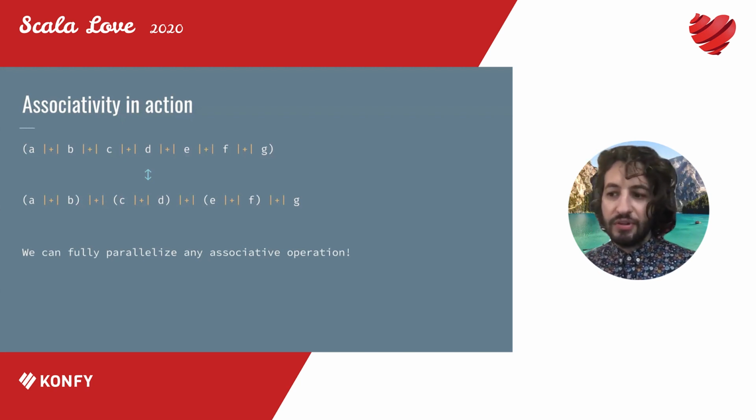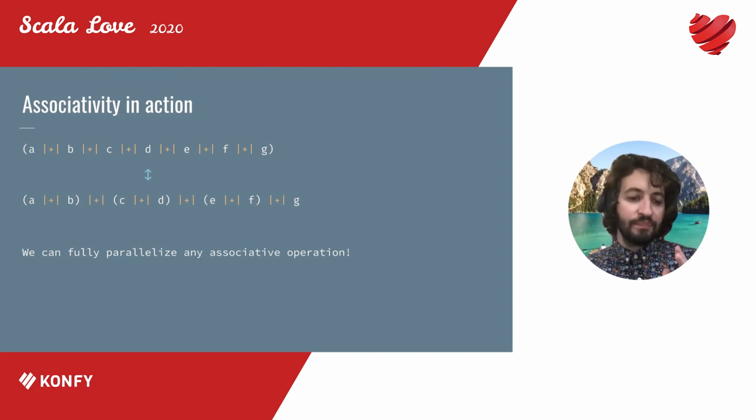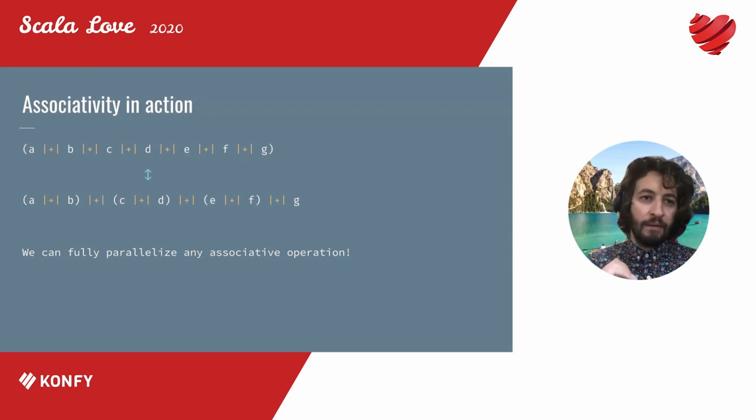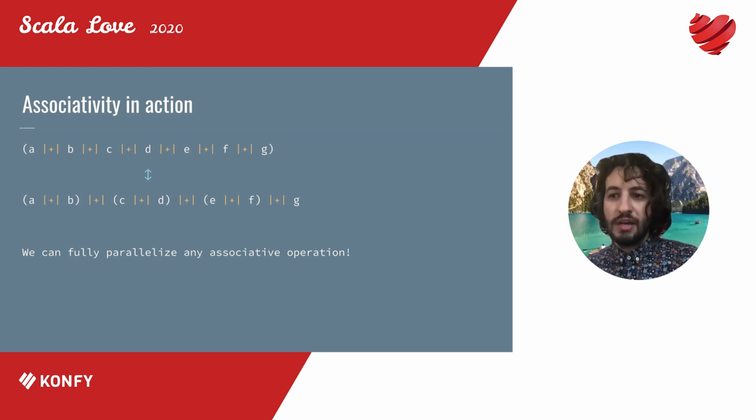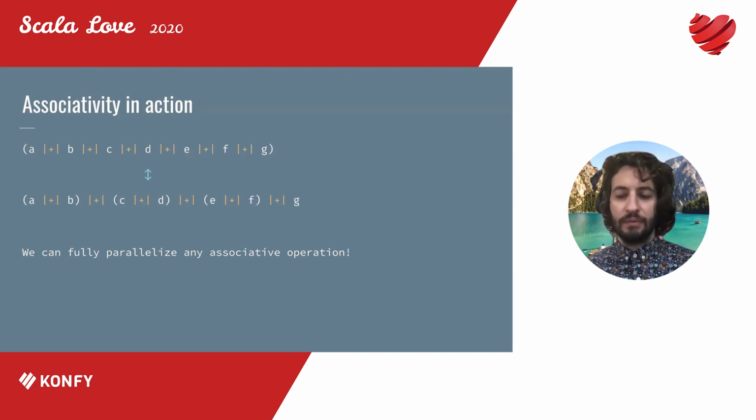So instead of taking, let's say 1,000,000 elements, or let's say 1 billion elements, and doing it all sequentially, we can take chunks out of them and then basically combine all these chunks in parallel, and at the end combine all of their results. And because of the monoid law, because of associativity, these have to be the same thing definitionally.